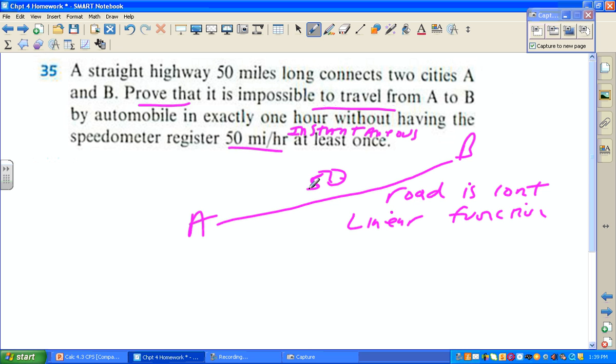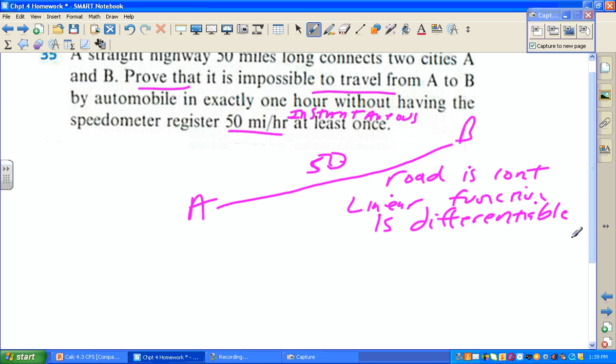All right. Linear function is differentiable. Therefore, there exists a C such that f prime of C equals the average, 1 hour and 50 miles.